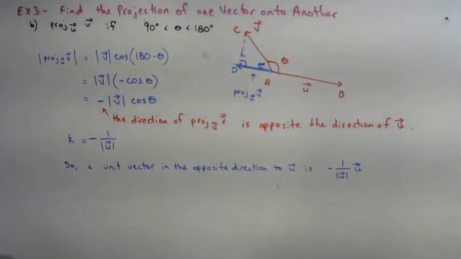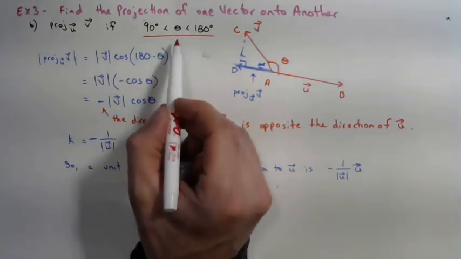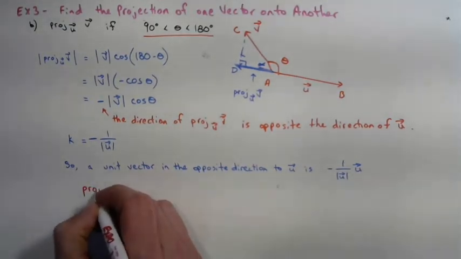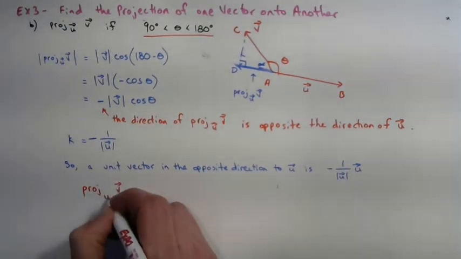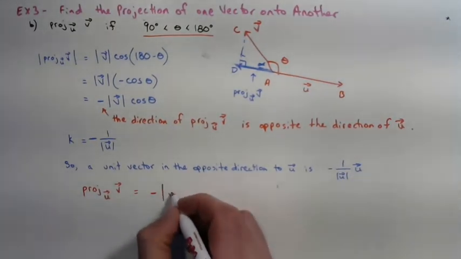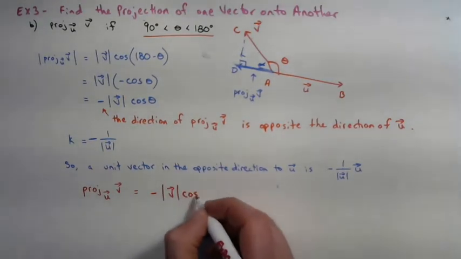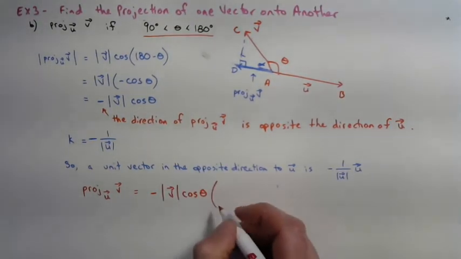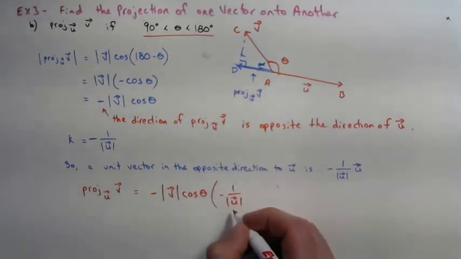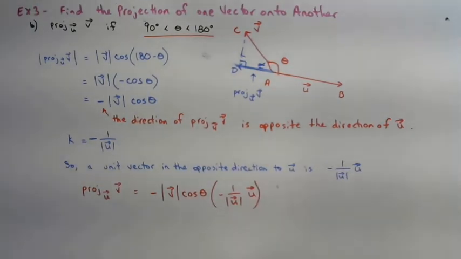So to wrap that up in red, in this case, when our angle is between 90 and 180, the projection of v onto u is equal to negative the magnitude of vector v times the cosine of theta times negative 1 over the magnitude of u times the vector u.